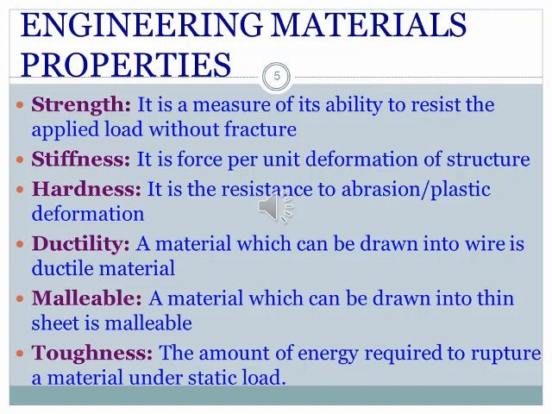Next is toughness. The amount of energy required to rupture a material under static load is measured by toughness. So the amount of load that is required to rupture or break the material is considered the toughness of the material.